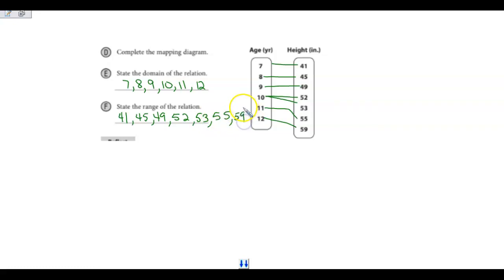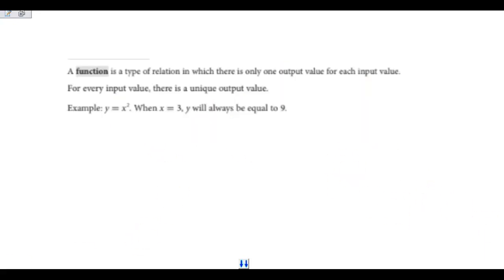So that is the range of this relation. It is possible to have a relation, but not be a function. A function is a type of relation in which there is only one output value for each input value. For every input value, there is a unique and single output value.